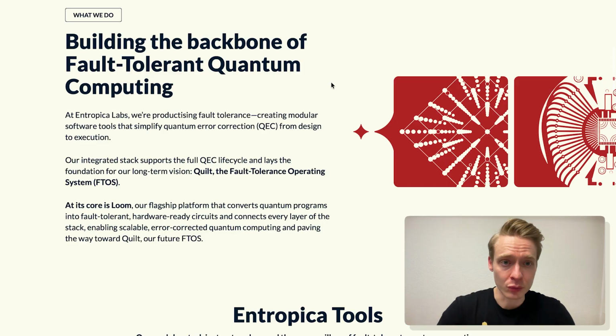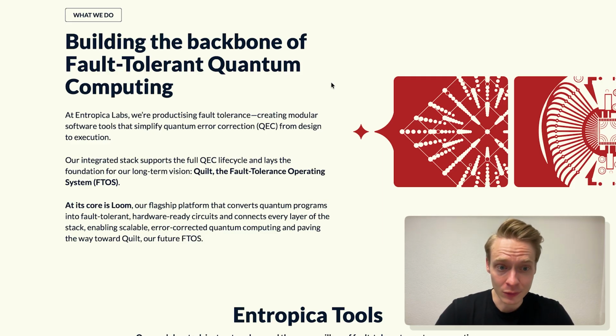So what we do: building the backbone of fault-tolerant quantum computing. At Entropica Labs, we are productizing fault tolerance, creating modular software tools that simplify quantum error correction from design to execution. Our integrated stack supports the full quantum error correction lifecycle and lays the foundation for our long-term vision, QLID, the Fault Tolerance Operating System, FTOS.